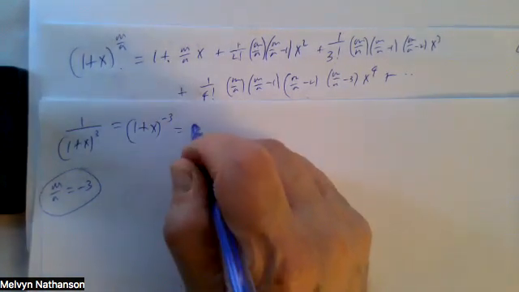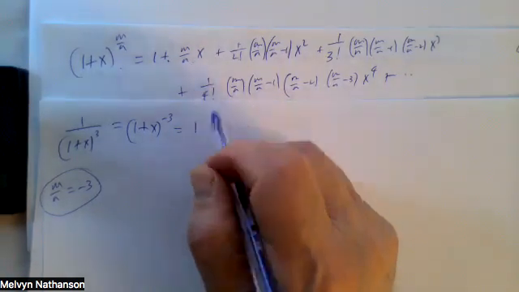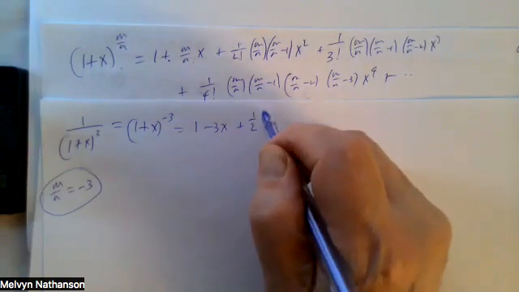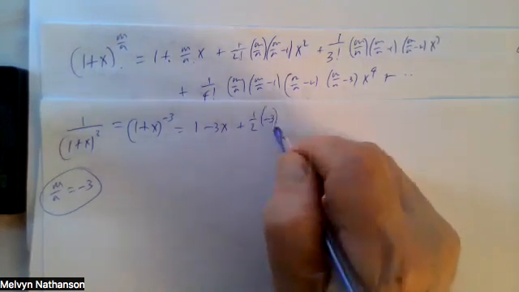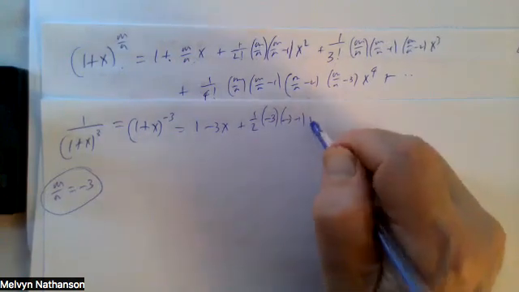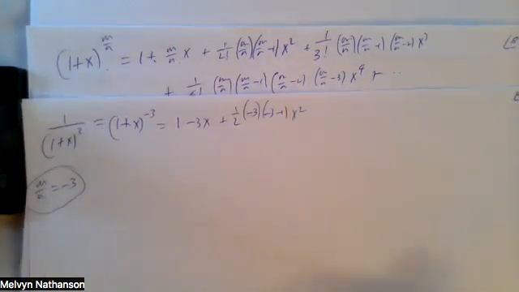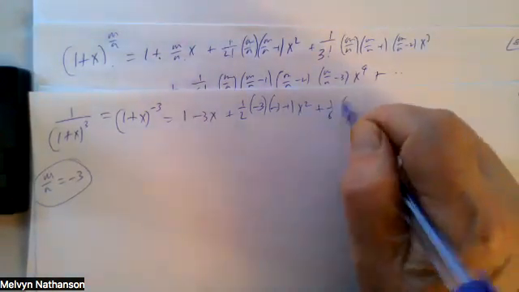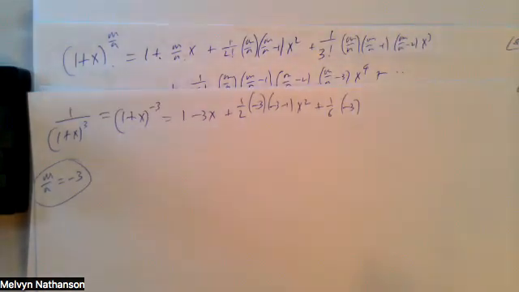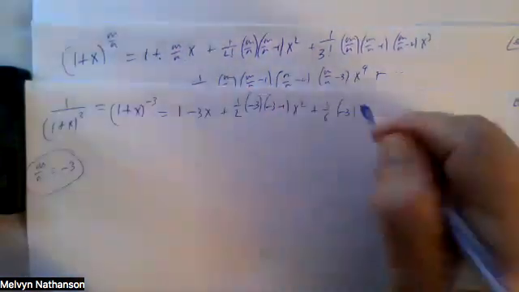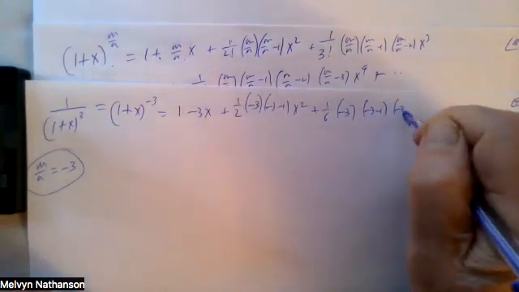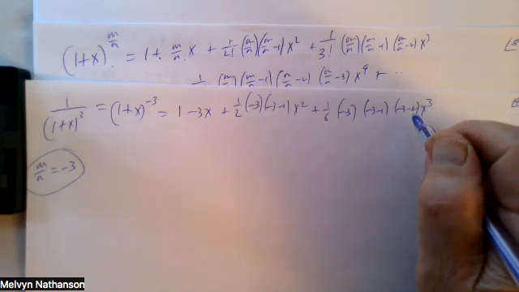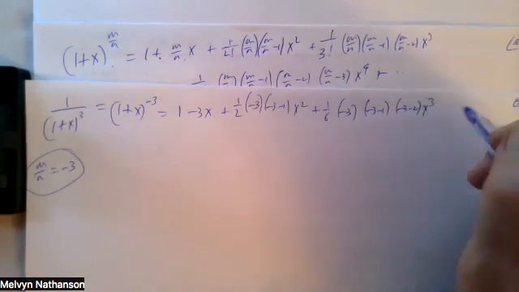This is 1 plus minus 3x plus 1/2 times minus 3 times minus 1 x squared, plus 1/6 times minus 3 times minus 3 minus 1 times minus 3 minus 2 x cubed, and so on.